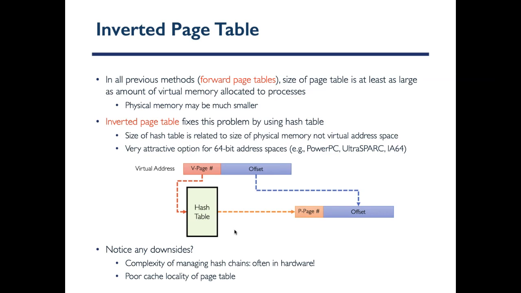The other thing is that this will give you poor cache locality for your page tables. We will talk about cache in the next lecture, but it's very hard to reason about where each address is going to be mapped to in the cache by just looking at your virtual address, because your virtual address is going to just be hashed.